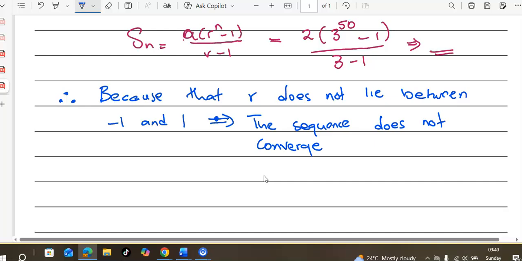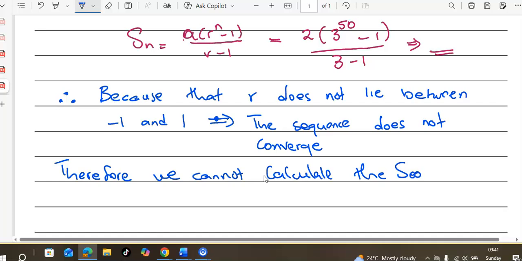Since the series does not converge, therefore we cannot calculate the sum to infinity of this sequence.